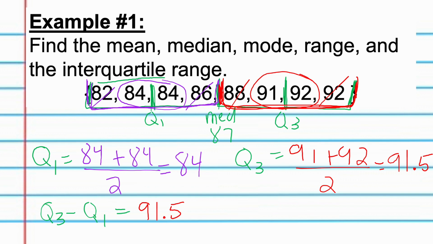We're going to subtract quartile 1, which was 84, and that's going to give us our interquartile range of 7 5/10. Oop, that's a 7 on 5.